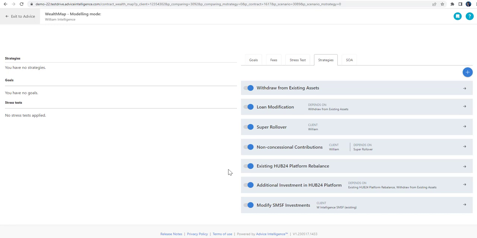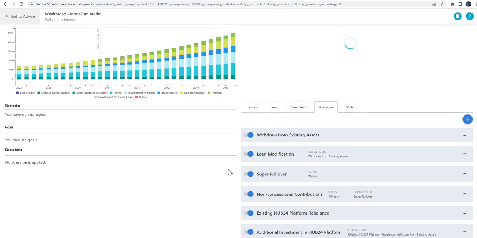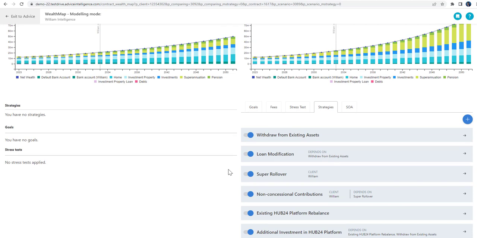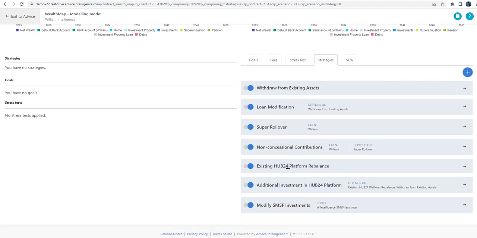So what we're doing first is a platform rebalance, and after the rebalance we're then going to invest an additional $500,000. Remember that additional 500k that I took out from existing assets in my first strategy. We're going to push that money towards the Hub24 platform investment.